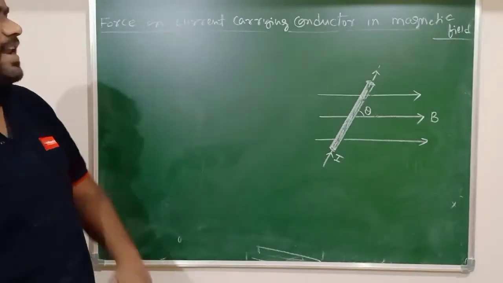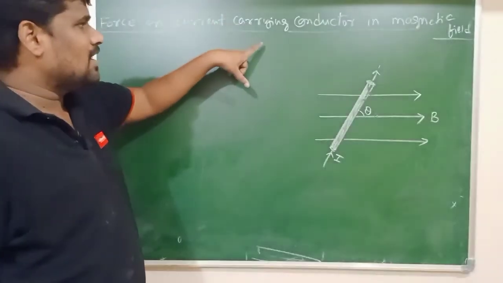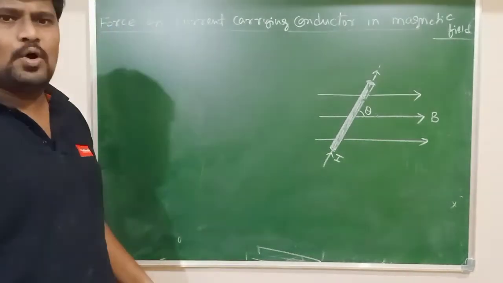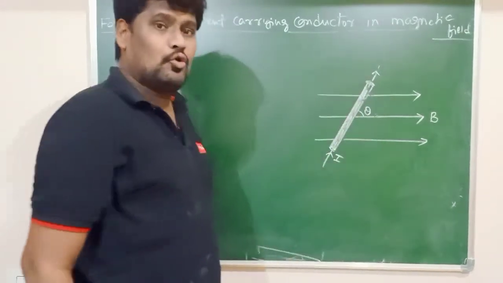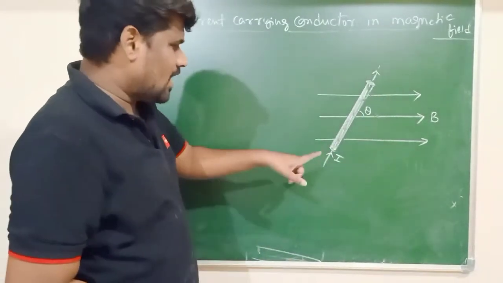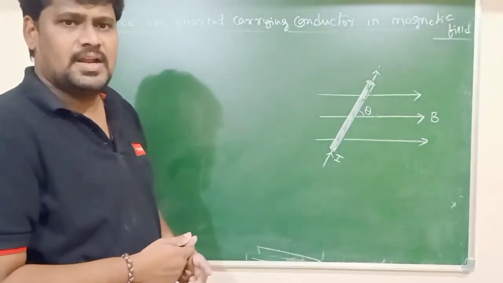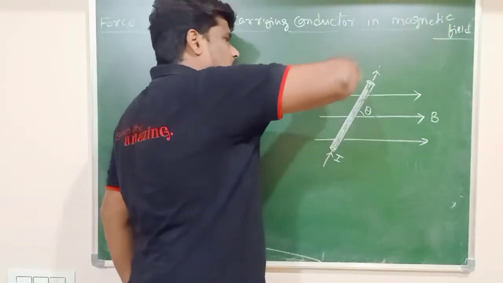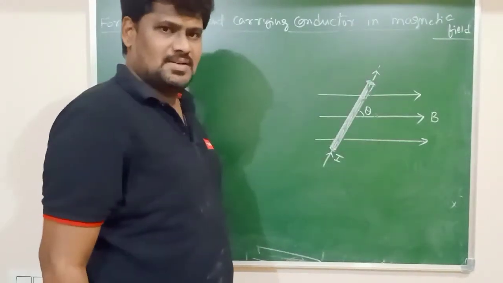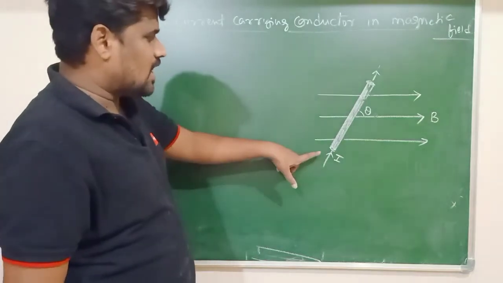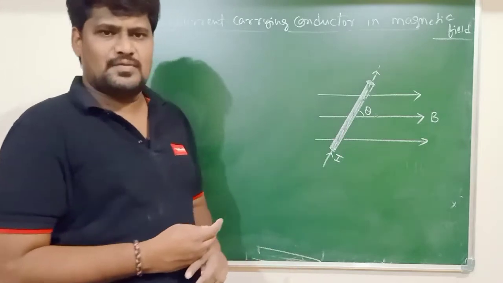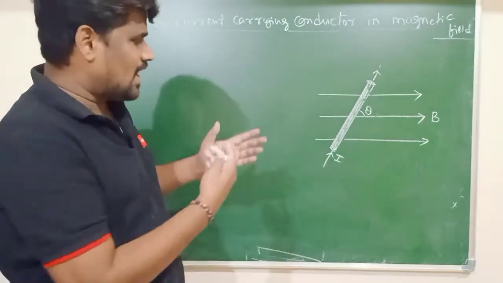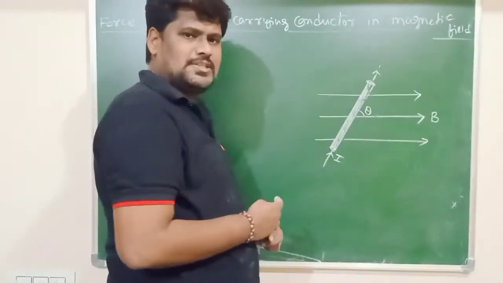What is a current carrying conductor? A current carrying conductor is nothing but a group of flowing charges, a group of moving charges. For current to flow in a conductor, there should definitely be motion of charges. Already we know very well, when a charge is moving in a magnetic field, it is experiencing a force.